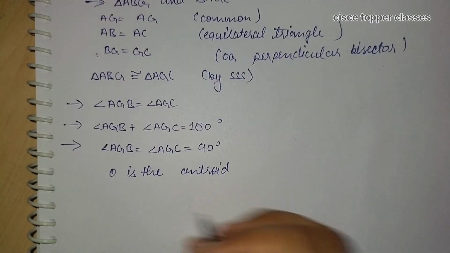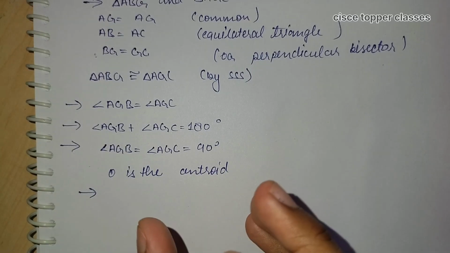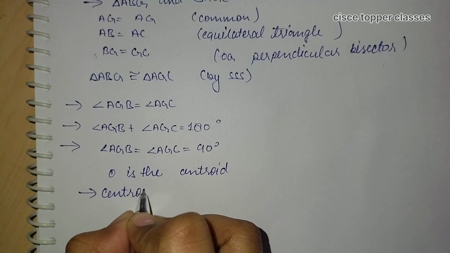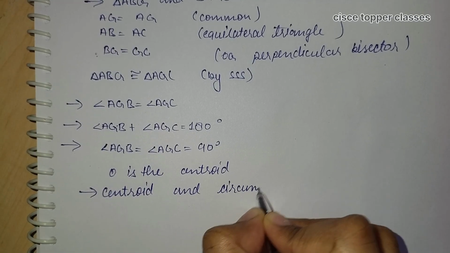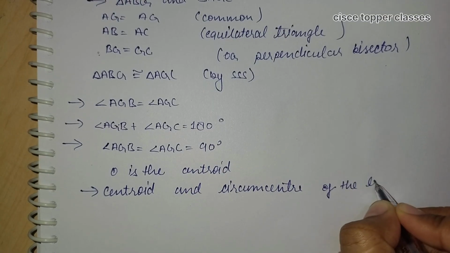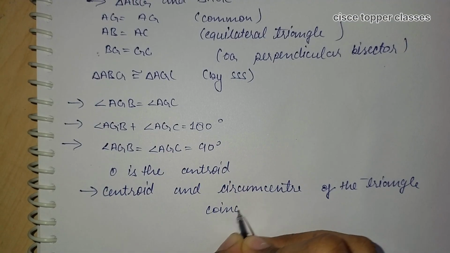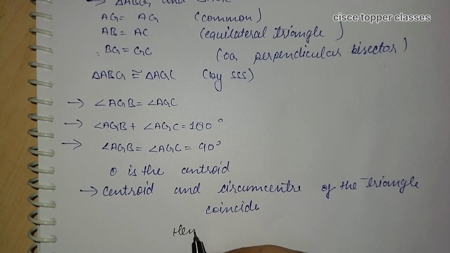From that we can prove that the centroid and the circumcenter of the triangle coincide. Hence, the centroid and circumcenter of the triangle coincide. This is what we had to prove in this question, hence proved.